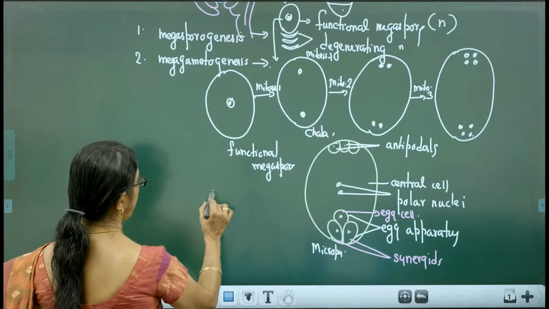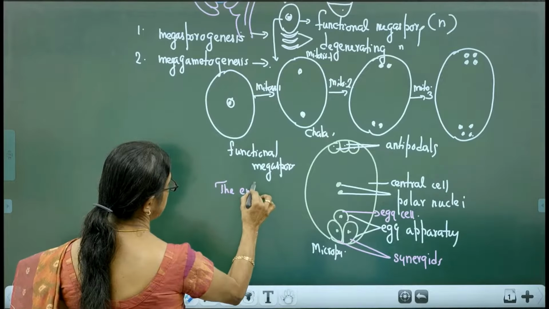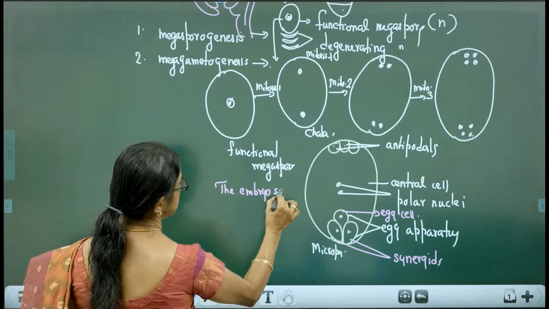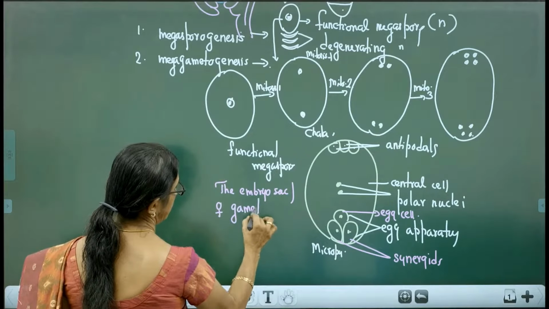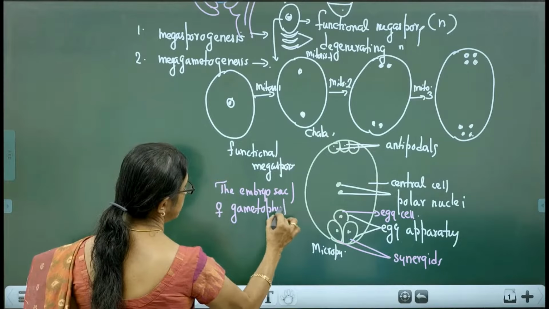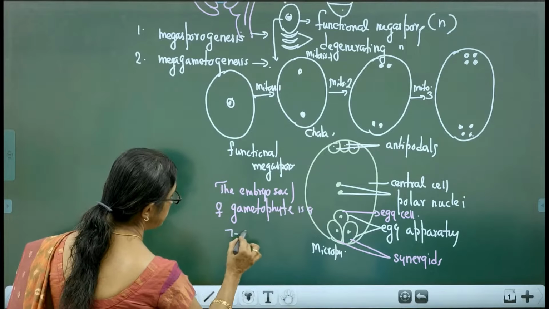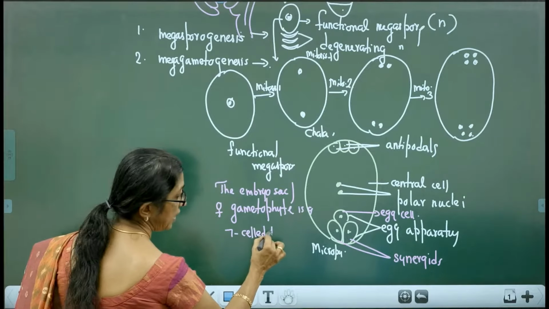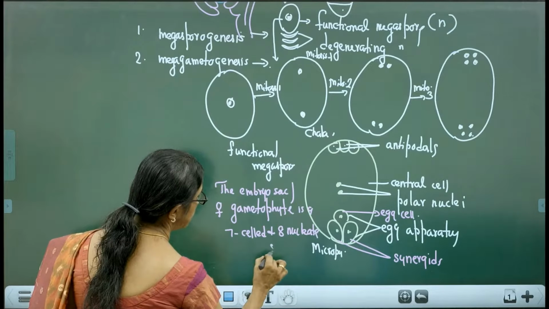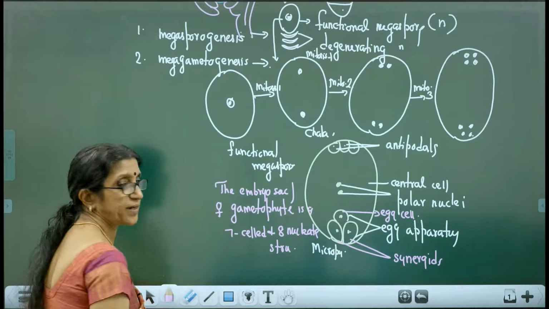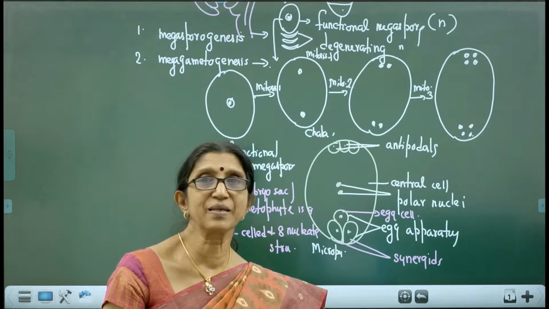So in angiosperms, the embryo sac or the female gametophyte is described as a 7-celled and 8-nucleate structure.